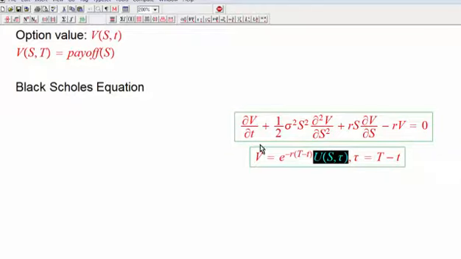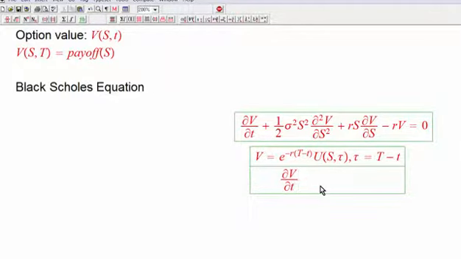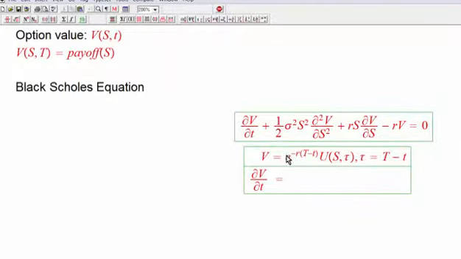So I need to do these derivatives. I'm using the notation from the book, but if I'm getting dV dt here, I'm going to have to do the product rule.